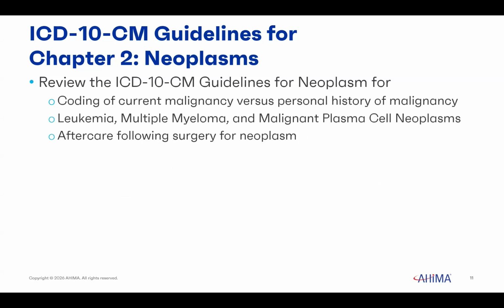One thing that's important for coding integrity, reimbursement and compliant coding is the difference between coding for a current malignancy versus a personal history of malignancy. So be sure that you read that guideline and understand what it's asking you to do. Also, in terms of leukemia, multiple myeloma, malignant plasma cell neoplasms, there are specific guidelines, and then guidelines for aftercare.